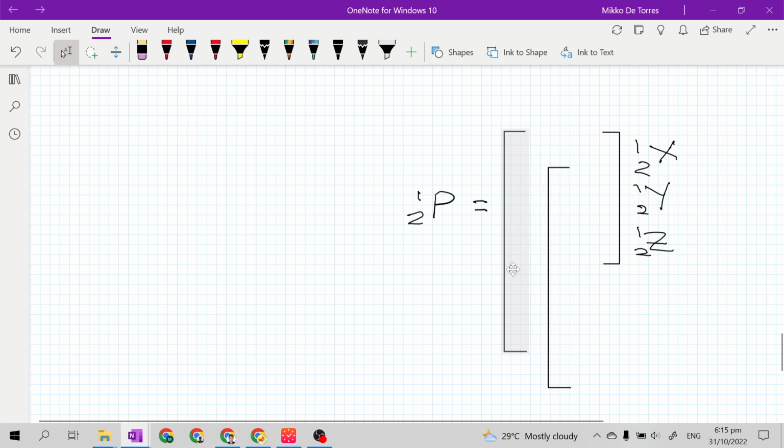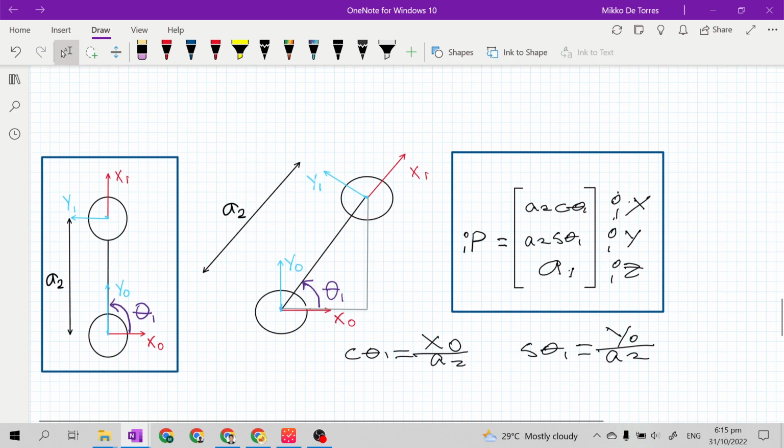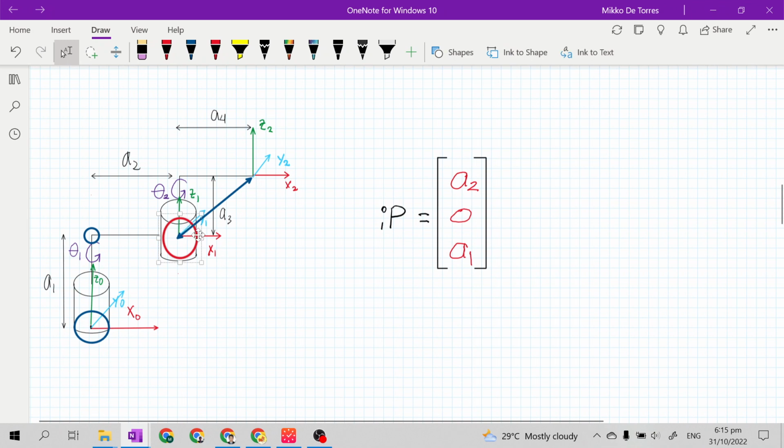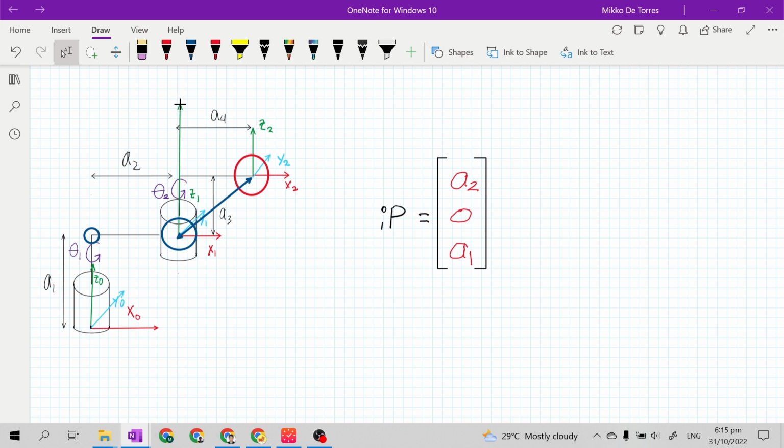We will go to frame 1 because it is the reference frame. So this is frame 1. This is frame 2 again. Frame 1 is the reference frame. Now, frame 1 is the huge frame, while frame 2 is the small frame inside frame 1.